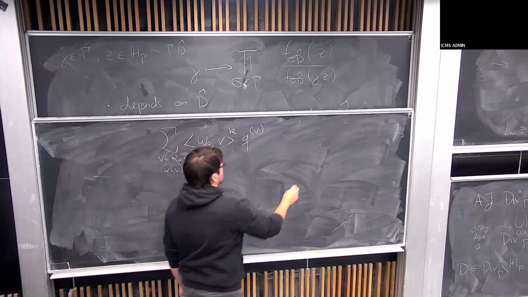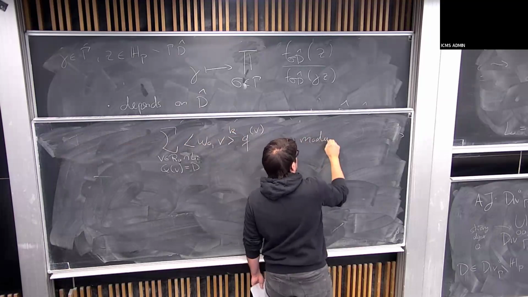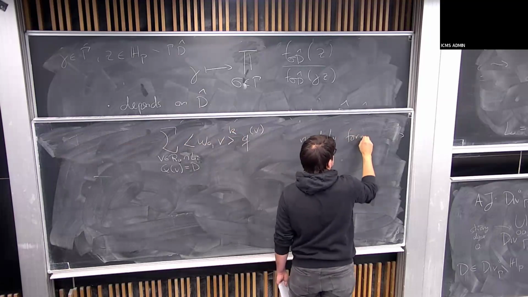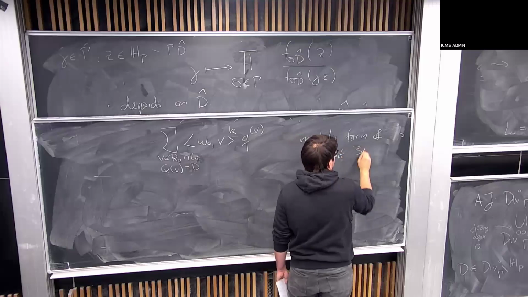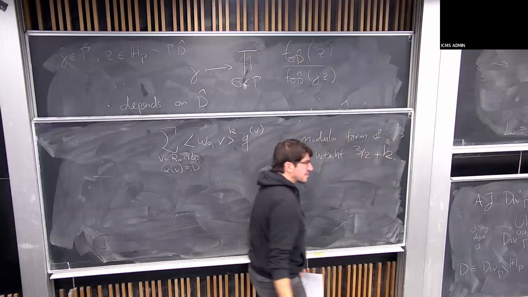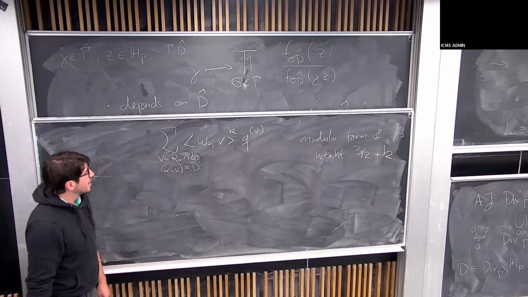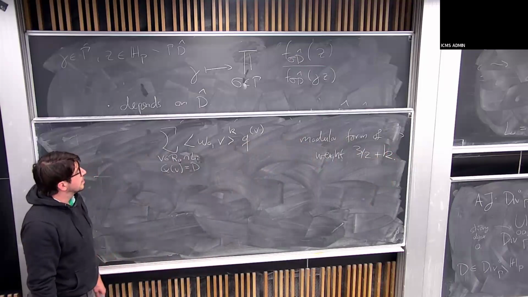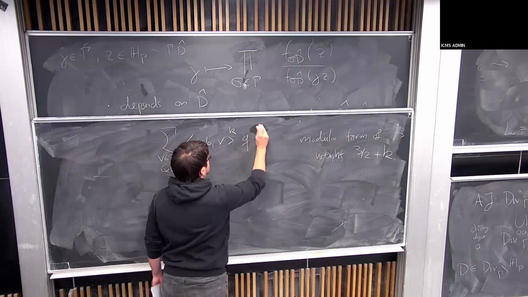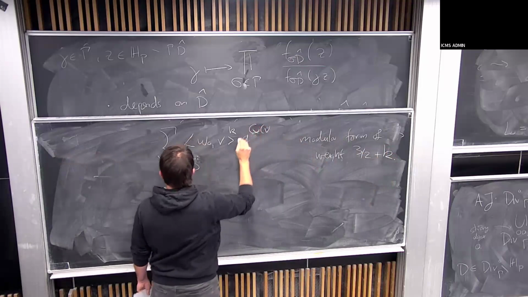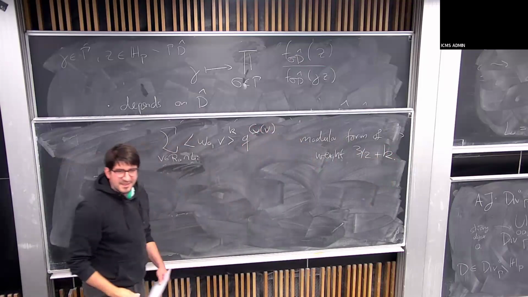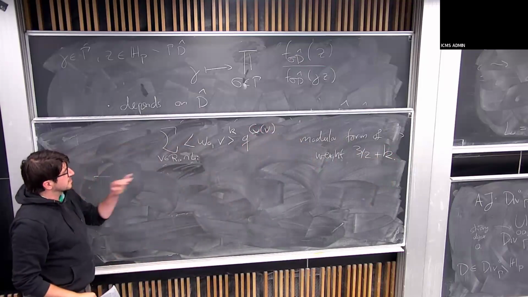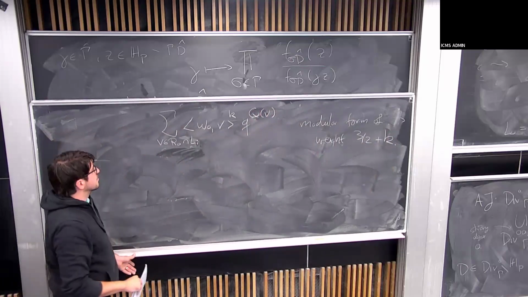So this thing is a classical modular form of weight 3/2 plus k, q to the Q of v. Sorry, I want to write down the whole theta series, specific coefficients.